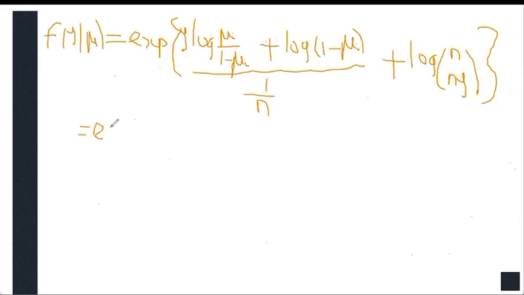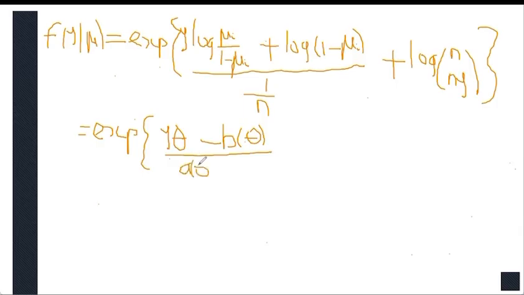The standard form we're going to compare with is y theta minus b of theta, divided by a of phi, plus c of y comma phi.